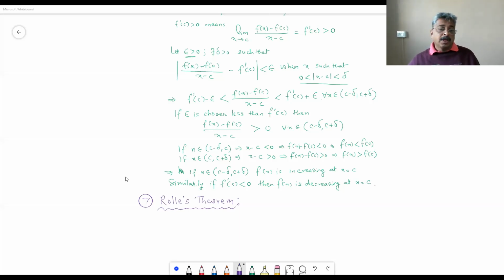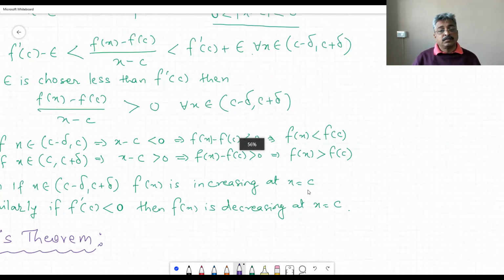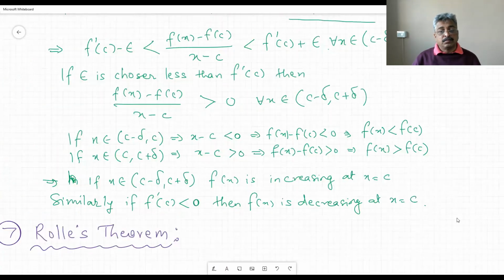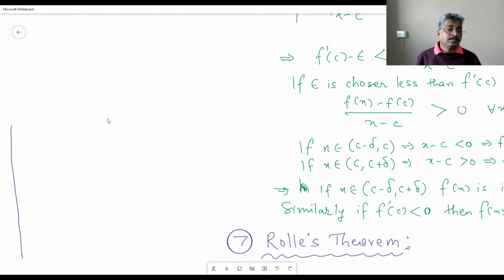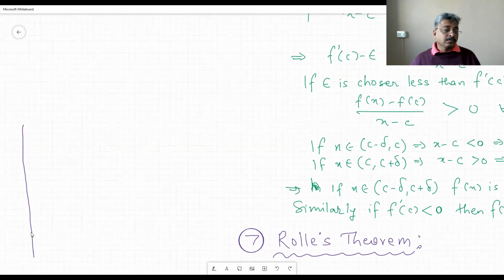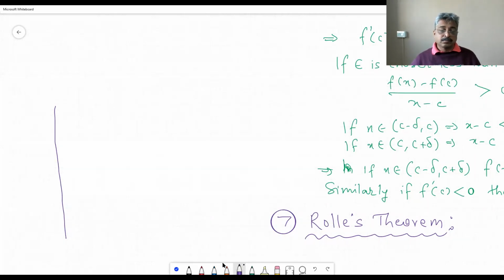Okay. Now, I have a function on a, b, and the value of the function at a and at b is the same.